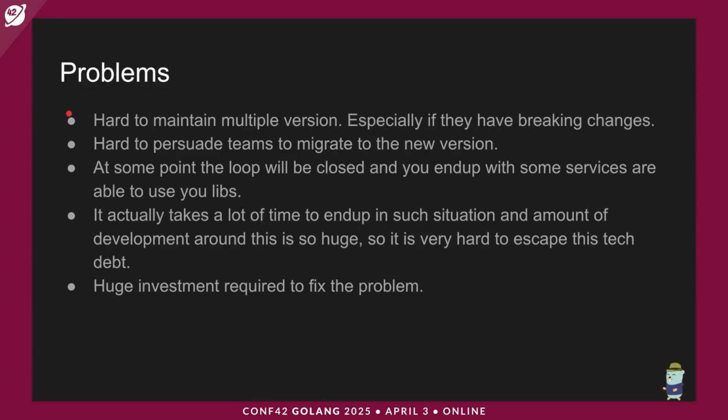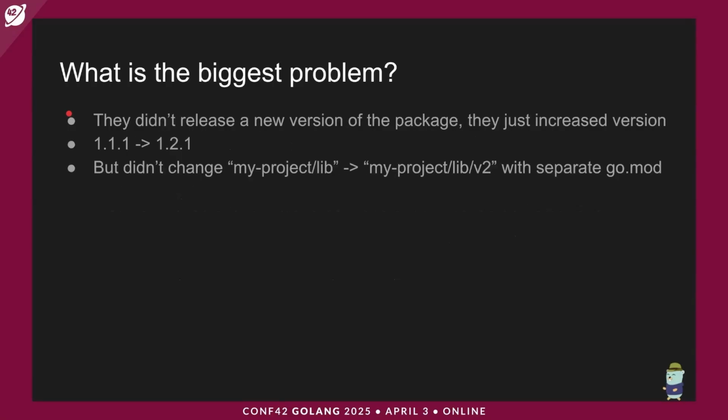You have years of development on top of this, and it's more and more complicated to change or rewrite your code. It really requires huge investments to fix the problem. And sometimes people even say, okay, it's really easy to start a greenfield project rather than trying to solve it in place.